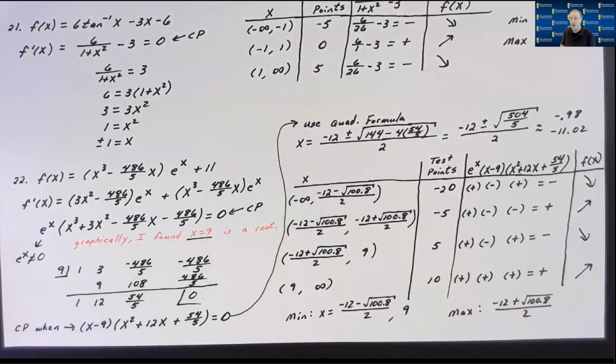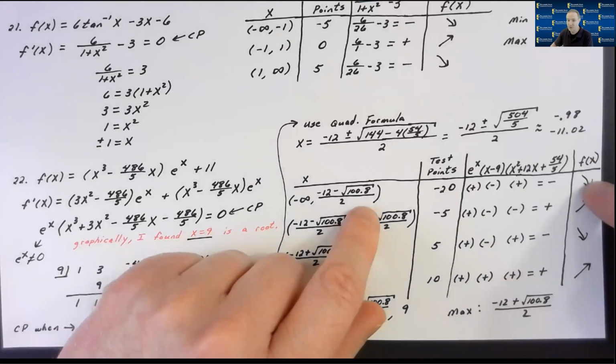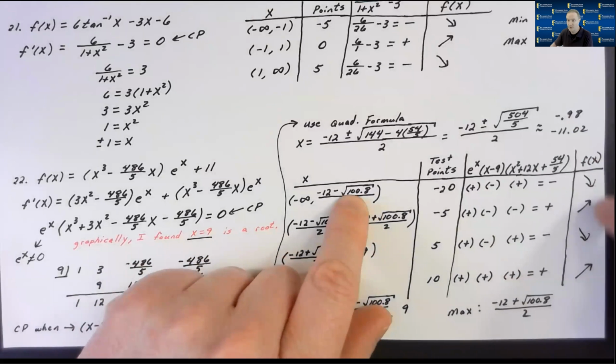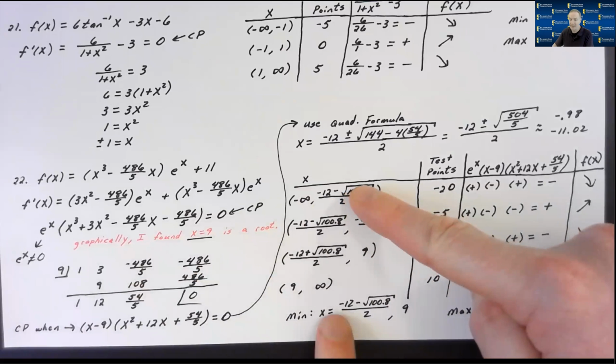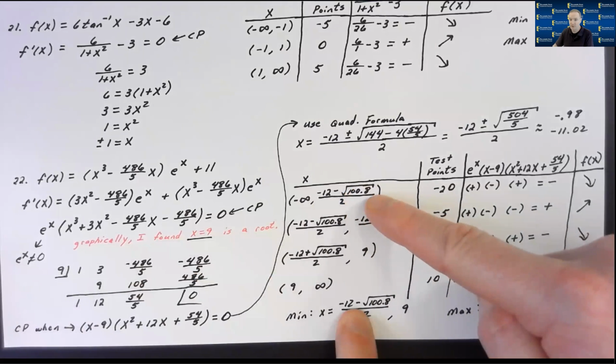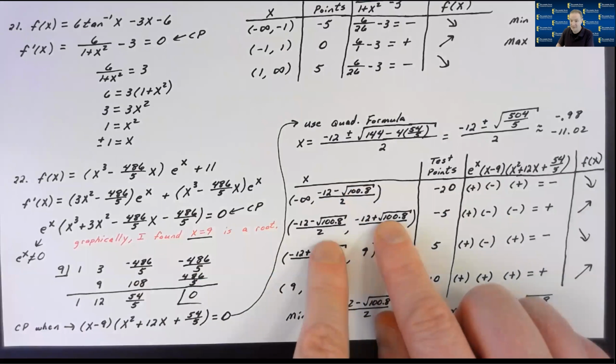Now, it's going to ask for the maximum and minimum values. Clearly, it decreased to this first critical point and increased after. So I would have a minimum at negative 12 minus the square root of 100.8 over 2. And then it's going to increase up to this critical point and decrease after.